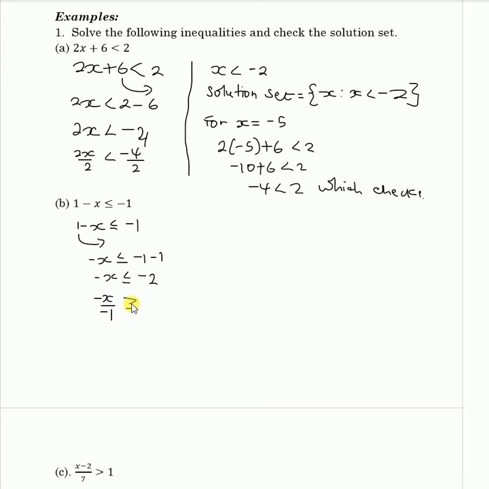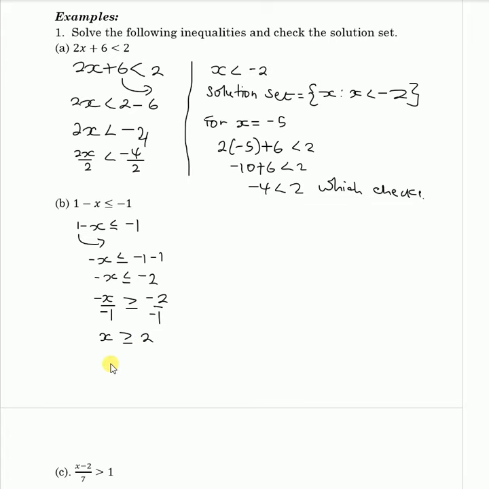So we want to have negative x divided by negative 1, and now you are dividing by negative 1. Immediately we should change the inequality, from rule number 3, from note number 3. So divide by a negative and change the inequality from less than to greater than. If it was greater than, we would change it to less than. So this one is x greater or equal to 2.